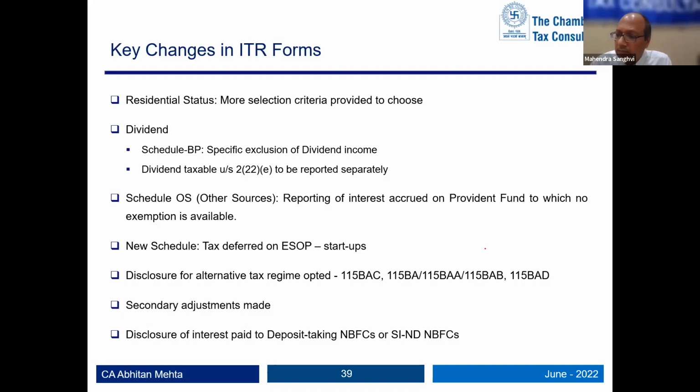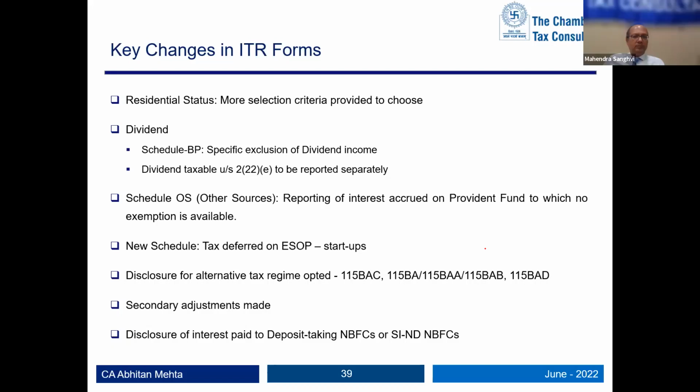And in other sources, you now have to separately report the deemed dividend under 2(22)(e). Basically, loans which are treated as dividend are now to be separately reported. We discussed at the start the reporting of interest accrued on PF, to which no exemption is available. There is a separate entry now in the schedule on other sources.